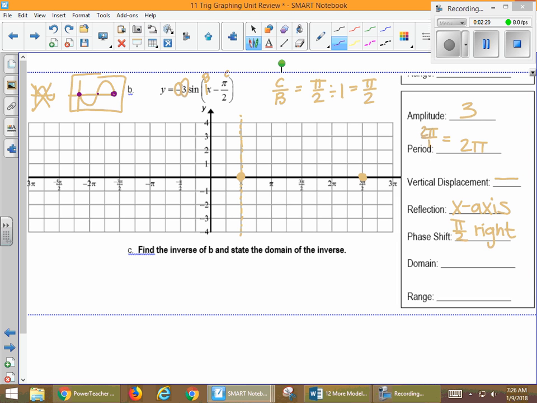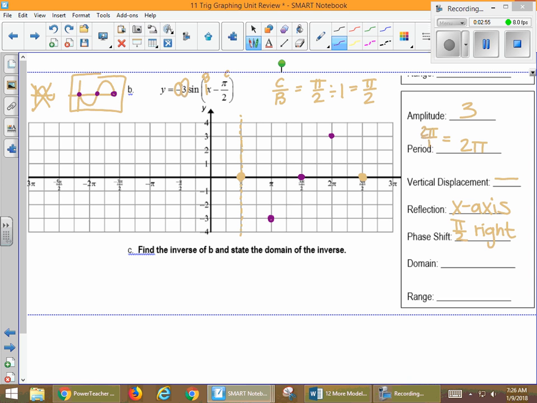Halfway in between is where we cross our x-axis or our midline. So 1, 2, 3, 4, 5, 6, 7, 8. That's 8 boxes. So 4 boxes out, I can do my midline there. And then halfway in between, I'm going to have a minimum and a maximum.